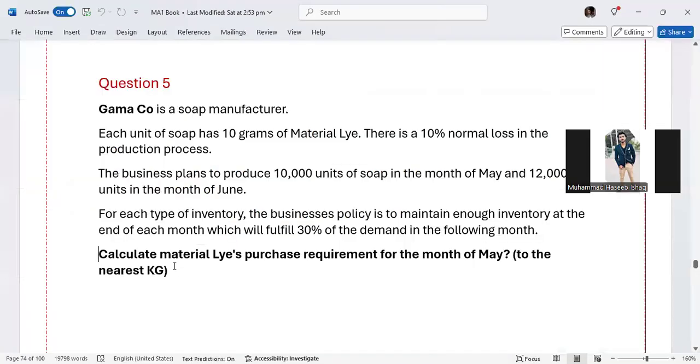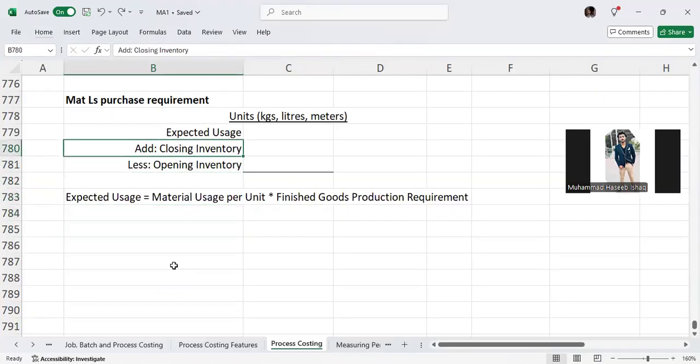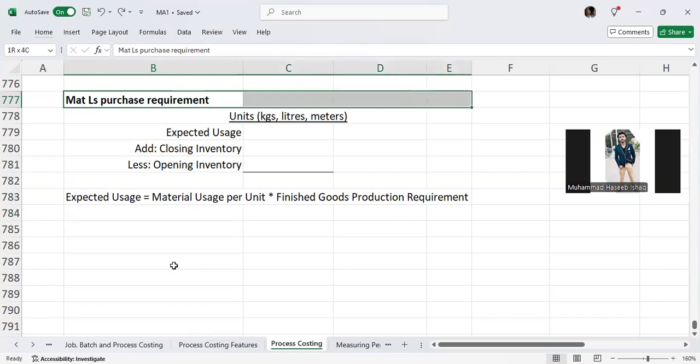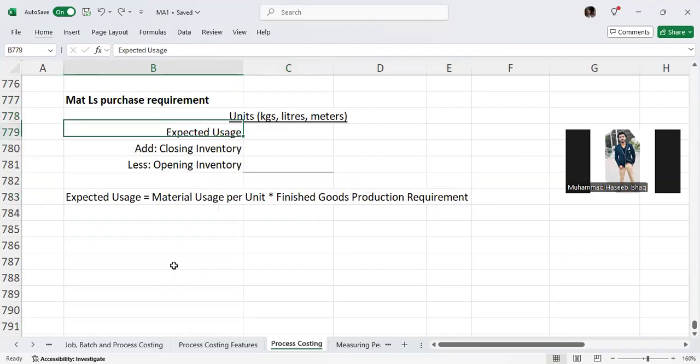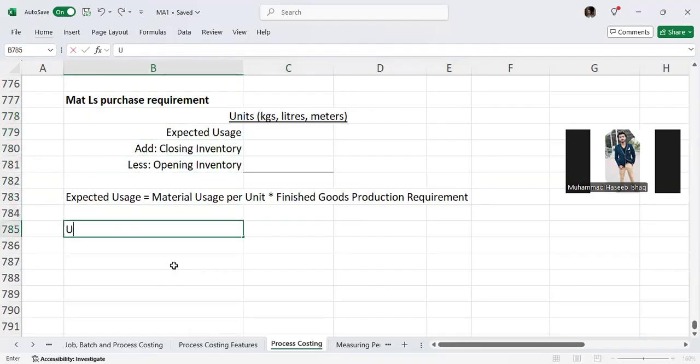Now let's link this topic to process costing. How is this topic connected to process costing? Whenever we talk about process costing, you must remember that usage is equal to input. For example, if I am calculating the expected usage, then I am actually calculating the expected input requirement for the period: how much material the company will need to input into the production process.